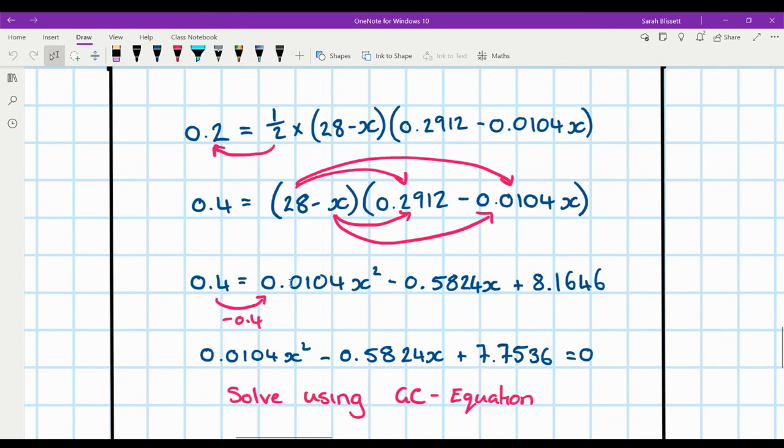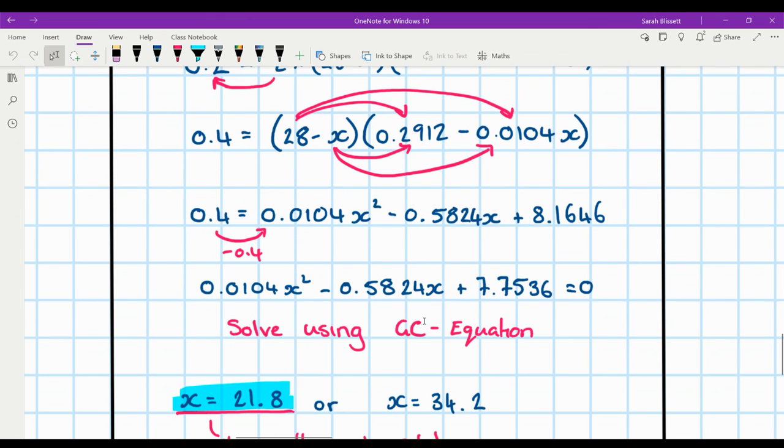And what we find is that we end up with a factorized quadratic, an expanded quadratic. We move the 0.4 into the equation so that it is equal to 0. And then we can solve using the graphics calculator equation solver.